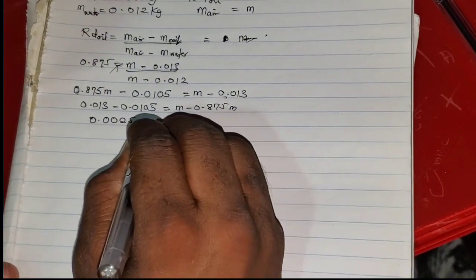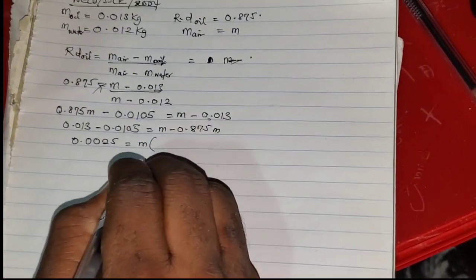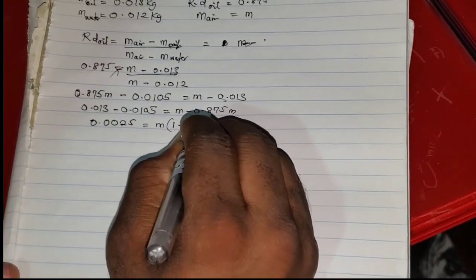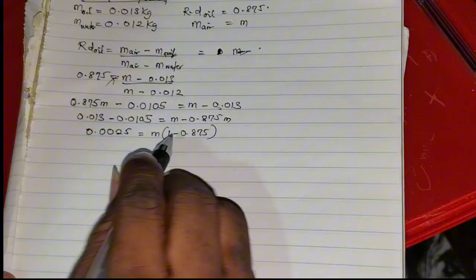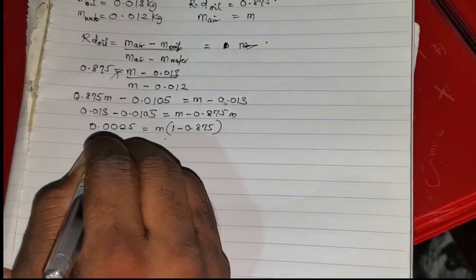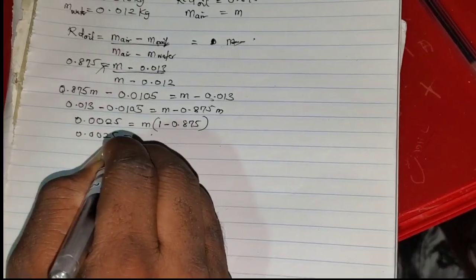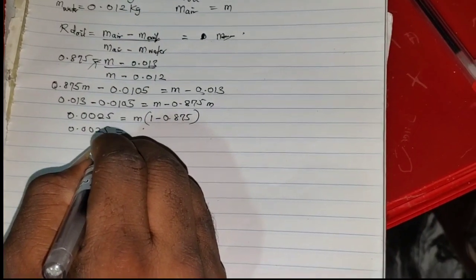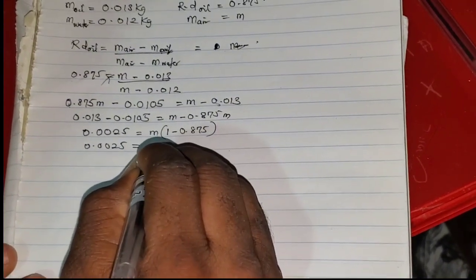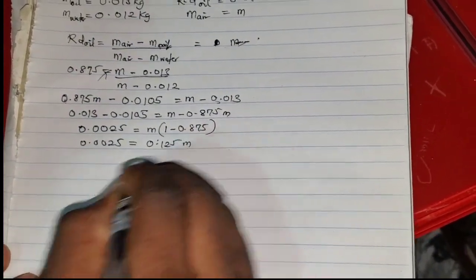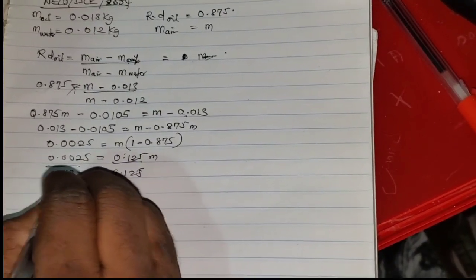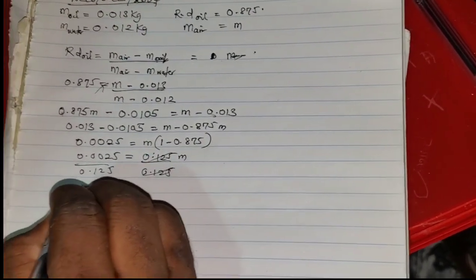0.0025 equals, we bring out M, M times (1 minus 0.875). And 1 minus 0.875 gives us 0.125, so 0.0025 equals 0.125 M. Divide both sides by 0.125, this cancels out this.